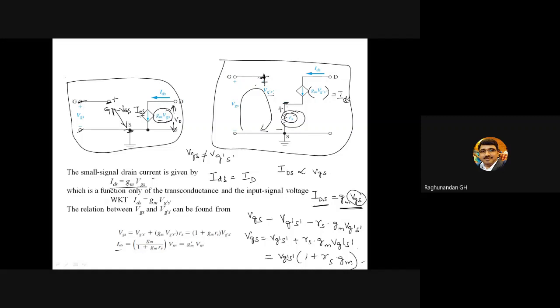We are going to substitute for GM dash. So GM dash is given by GM by 1 plus GM into RS. By rearranging this equation we obtain IDS as GM dash VGS. Initially it was GM into VGS, but now since we have a drop across RS, it is GM dash VGS. Okay, this is how we obtain this formula.